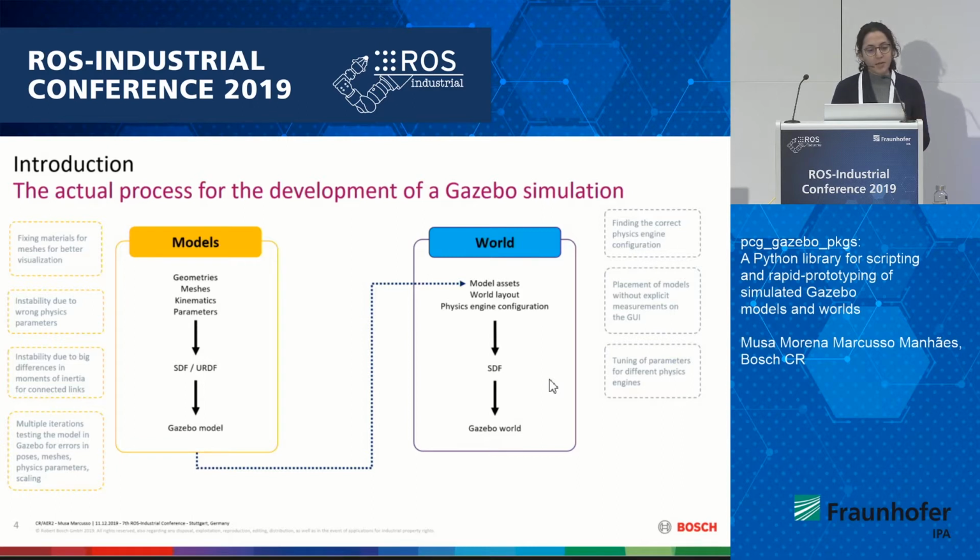Usually what you do is you change something in your configuration, then you open Gazebo, you see if everything explodes or not, and then you close Gazebo, change something, and go on debugging that. The same thing for the world. If you mess up the physics engine configuration, if you don't use the default ODE parameters, you might also see some funny things happening.